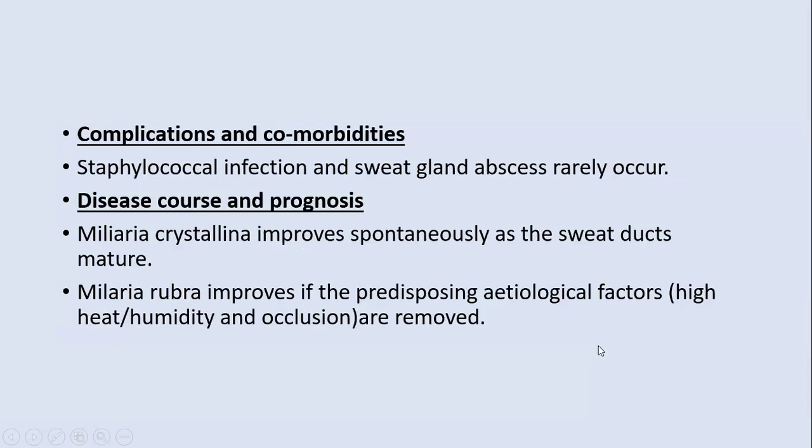Complications are staphylococcal infection and abscess formation. Miliaria crystallina spontaneously improves as the sweat ducts mature. But Miliaria rubra needs treatment, especially when the predisposing etiological factors like high heat and humidity and occlusive clothing are removed.